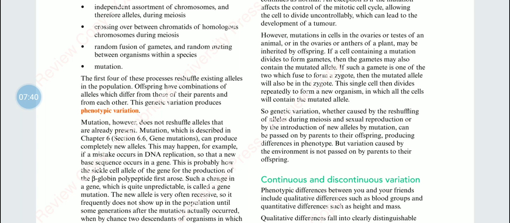In genetic variation, whether it is caused by reshuffling of alleles or by mutation, it can be passed on to offspring by parents, which causes differences in phenotype.